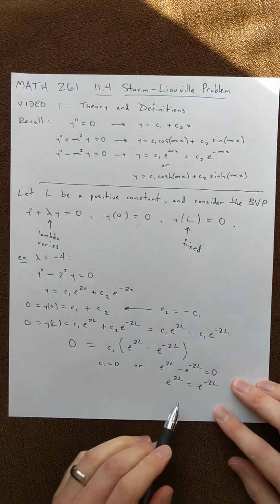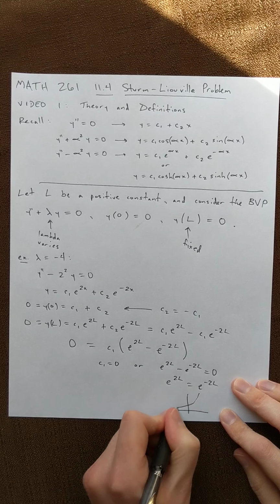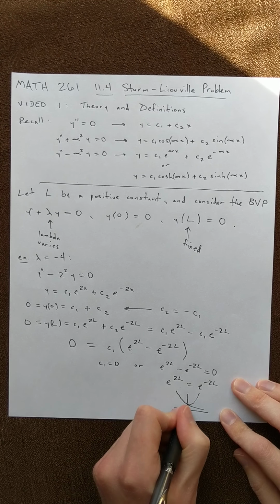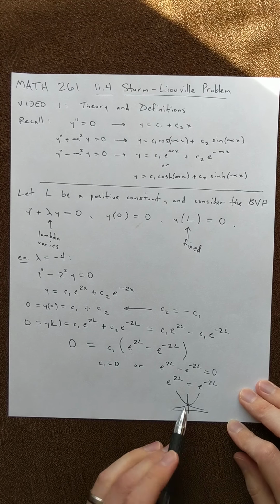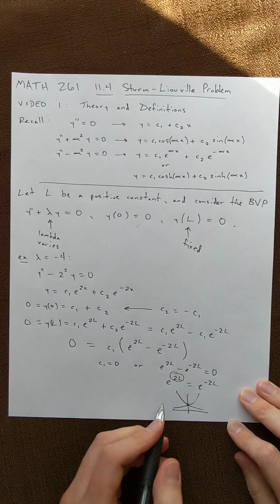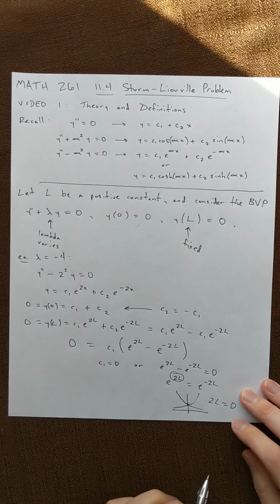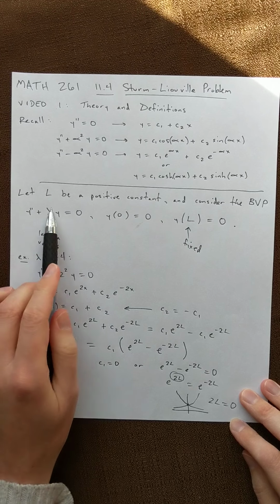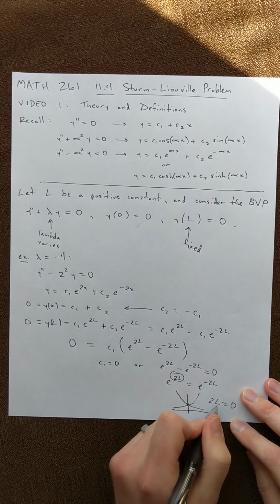But if you think about it, an exponential e to the x and an exponential e to the minus x, the only time those two are going to be the same is when we have 0. So realistically, the only way for this to happen is if both of them have exponent 0. But the original problem says L is a positive constant, so I guess that's impossible.